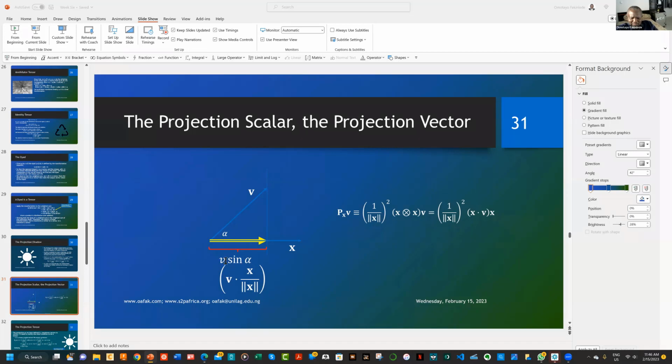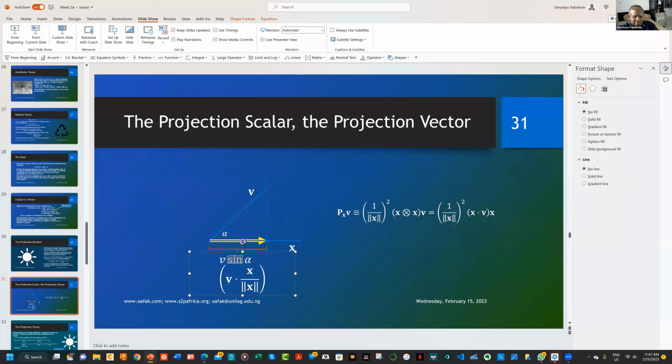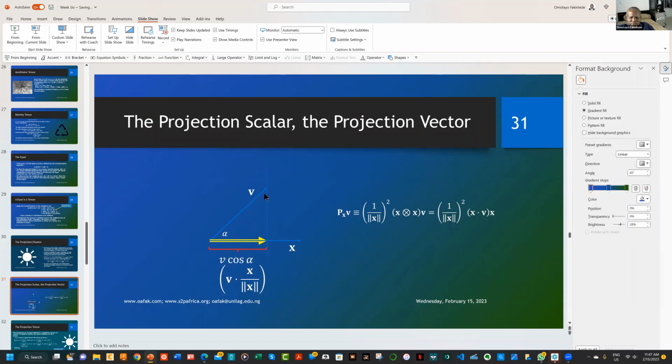Do you agree with me that v sine alpha, oh sorry, not sine, it's cos. That's an error there. v cos alpha. Is v cosine alpha. First of all, do you agree that this projection, the length of the yellow line, is v cos alpha, which is the same thing as v dot x divided by the modulus of x?